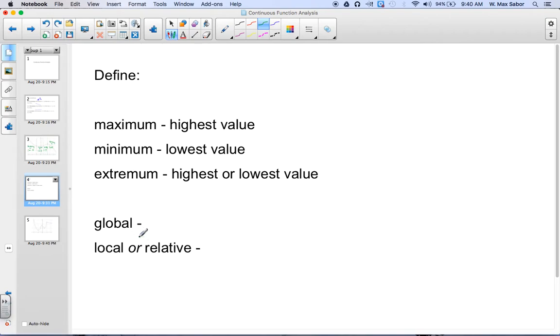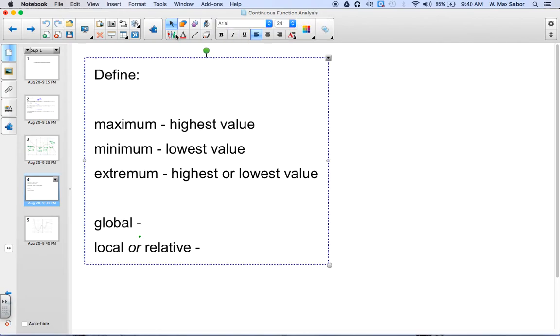Some phrases that you might not have heard in this context before. Global: a global maximum is across the whole function, whereas a local or relative maximum or minimum is just near the point.